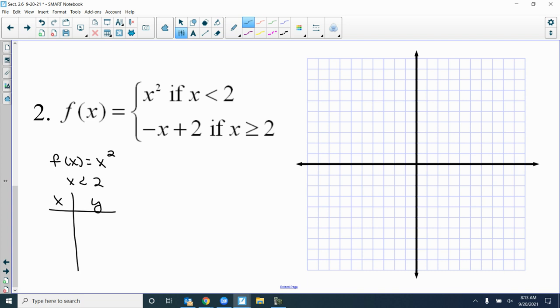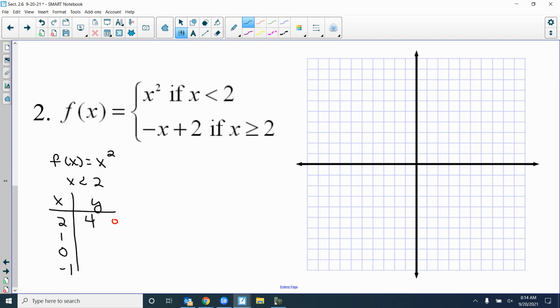So we're going to have to do some points. Plug in 2. Even though it doesn't include 2, plug that into the equation. And when you plug in 2 into x squared, you get back 4. That'll be an open dot right there. Okay. Now I want to plug in numbers less than 2, so I'm going to plug in 1, 0, and negative 1. You want to plug in enough to make sure you get an idea what's going on with that graph.